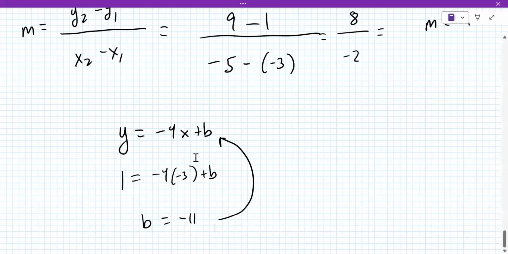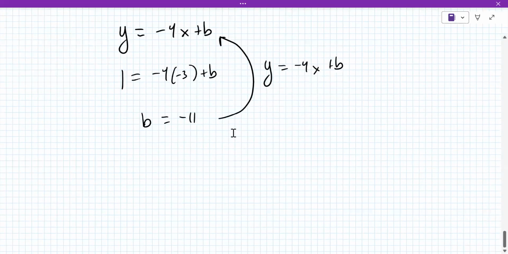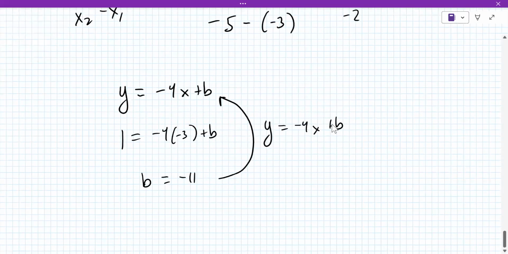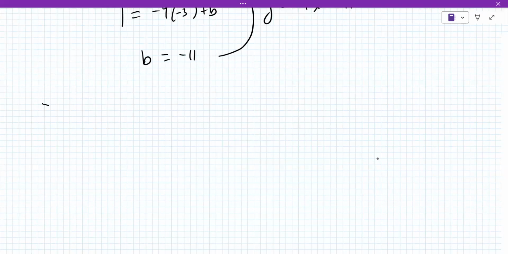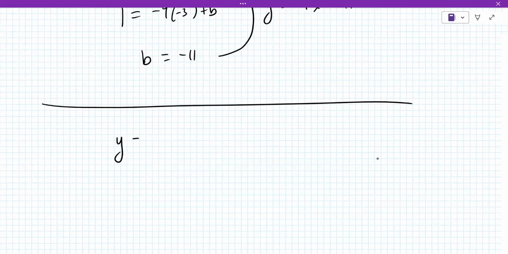Okay. So let's do one more of these where we've already found the slope. Let me give you a new problem. Let's say we find that y equals -1/3 x plus b, and I tell you it goes to the ordered pair 6, -4. And I want you to solve for b.